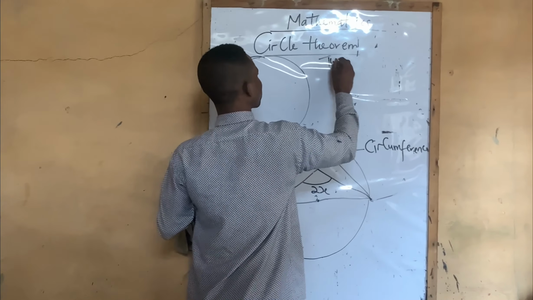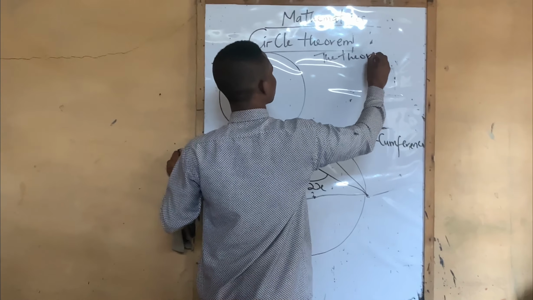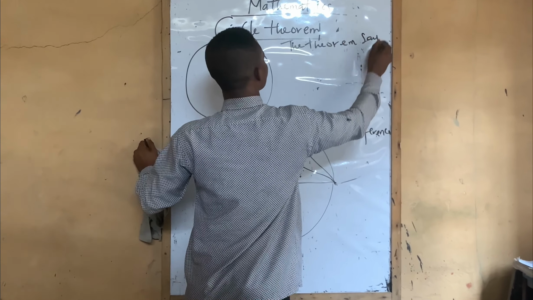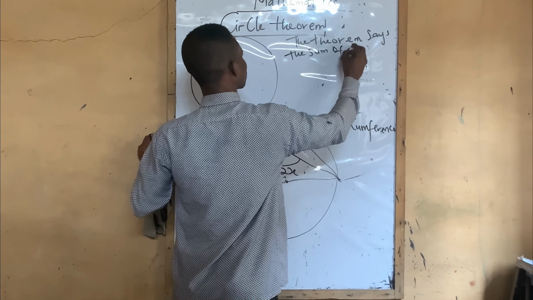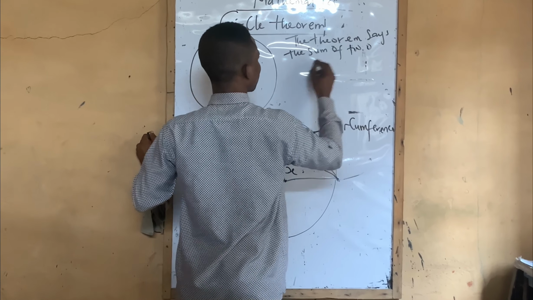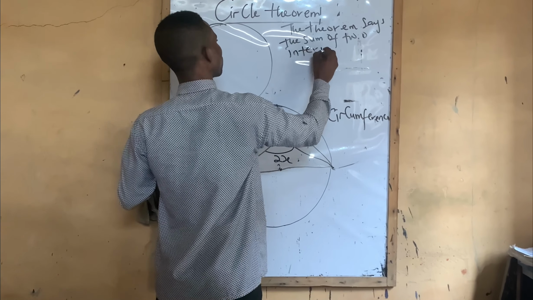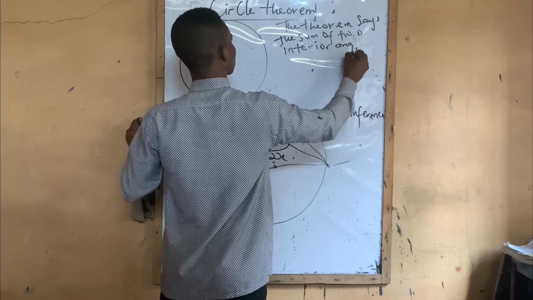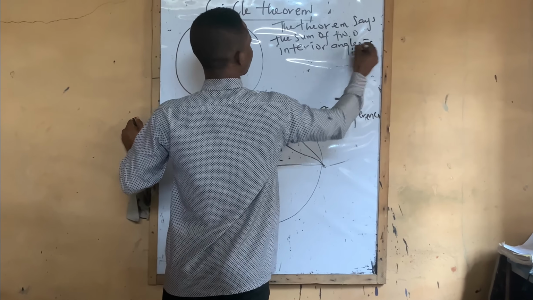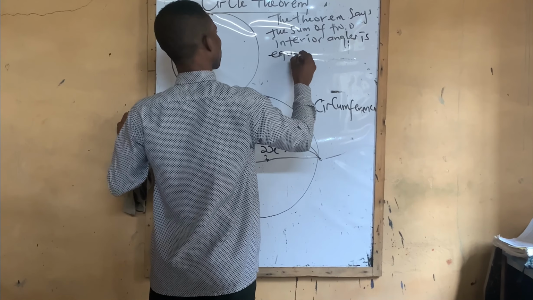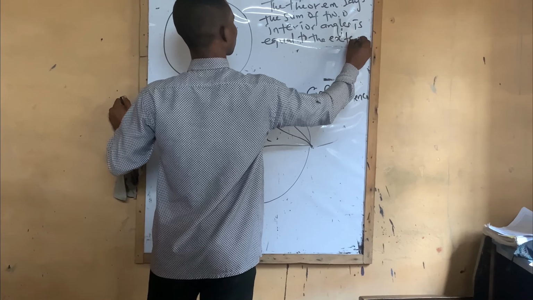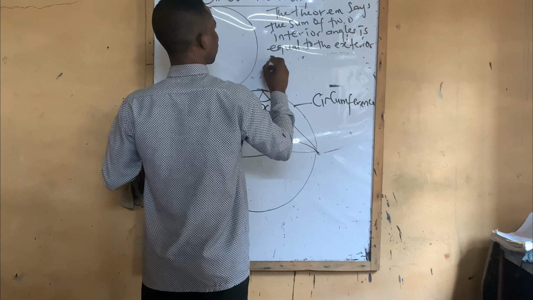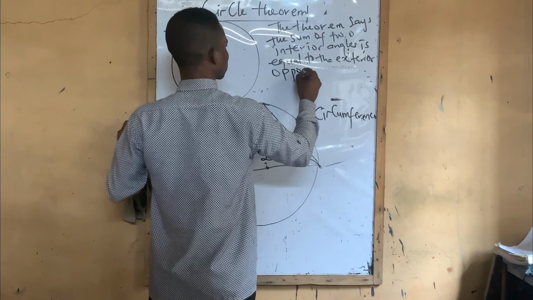The theorem says, in our angles that we do, the sum of two interior angles is equal to the exterior angle opposite to it.